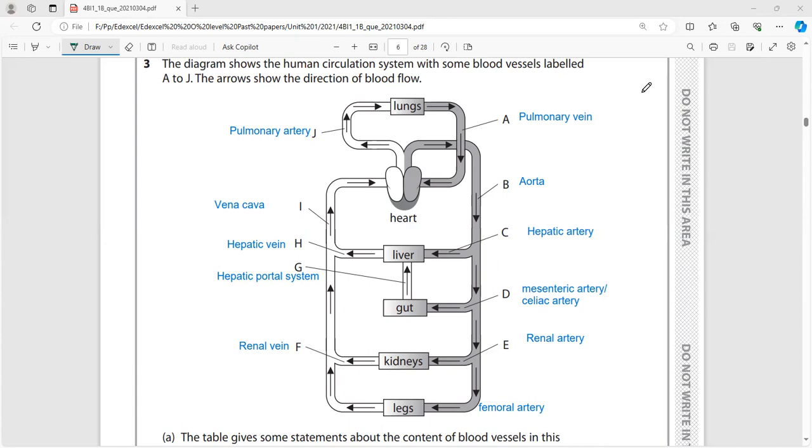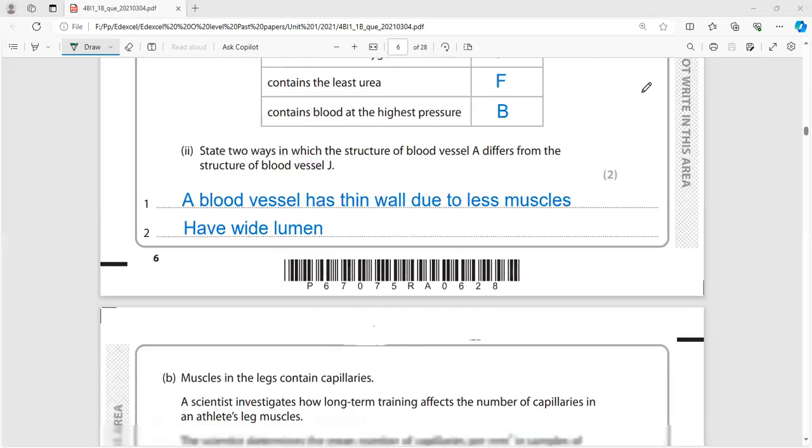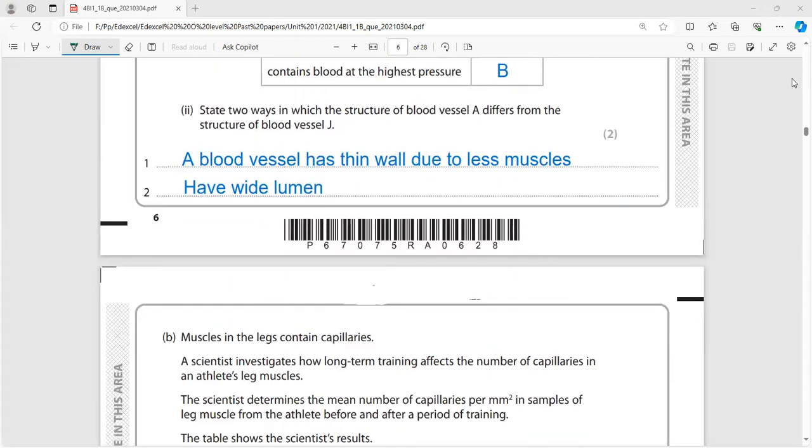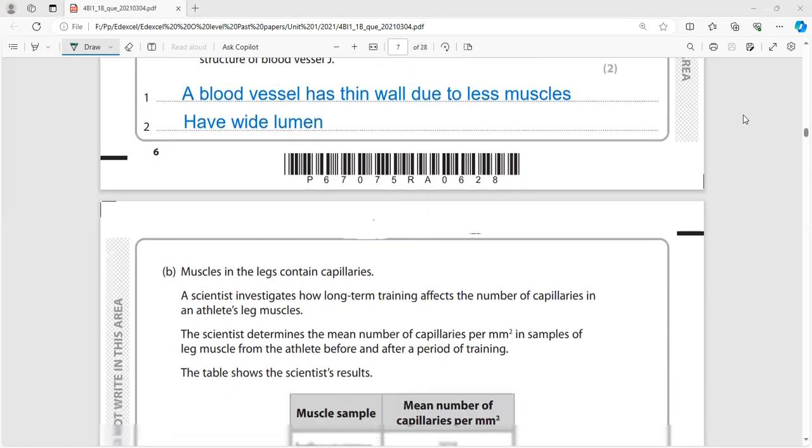So there will be less resistance, and the blood easily flows from the lungs to the heart. The answers are that the blood vessel has a thin wall due to less muscle and has a wide lumen. These are two keywords you can put in your answer.